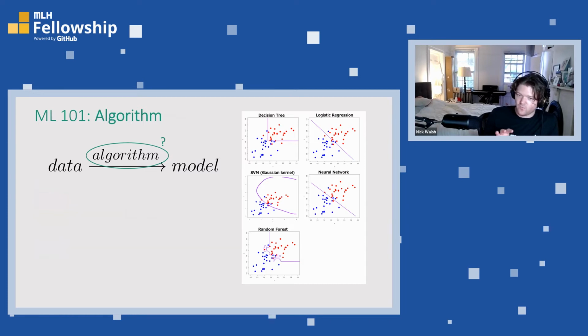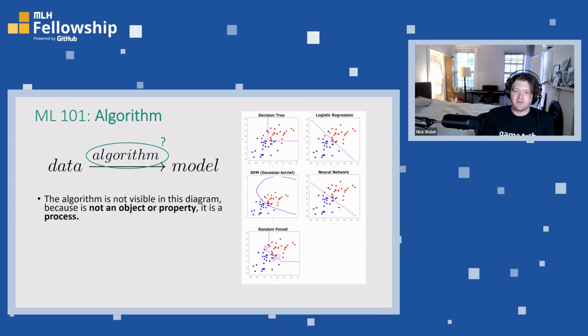When we understand the decision boundary, like I said before, on one side of it we want the model to guess that a new piece of data that falls there would be one category, and on the other side, we would guess that it would be another, the blue category, for example. The algorithm actually doesn't have a visual representation here in the graph because it is the process by which this set of data arrives at that decision boundary.